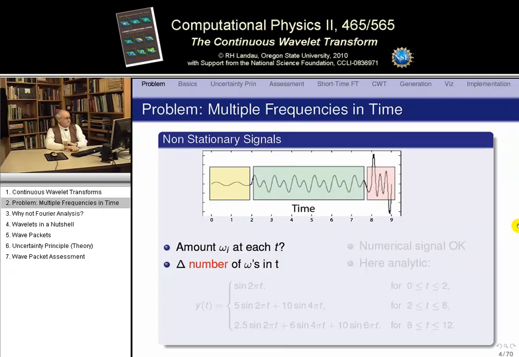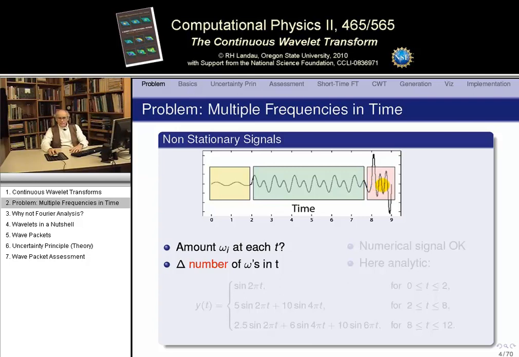So what do we see when we look at this slide? Well, we see three pretty colored boxes, and they're there, at this moment anyway, just to guide your eye. So we see a signal as a function of time that looks first like a pure sine wave, then like a more complicated couple of frequencies, who knows, beating, and then a much more complicated signal at the end in pink.